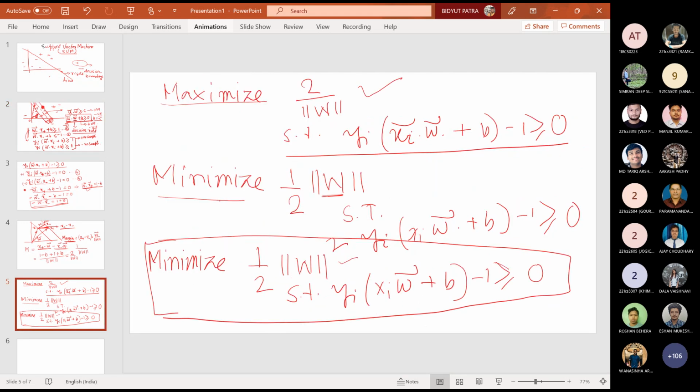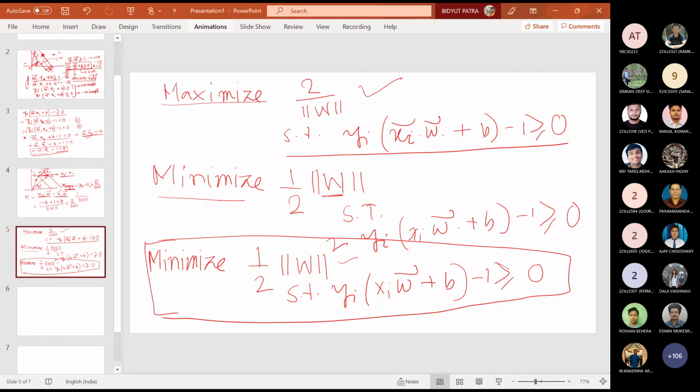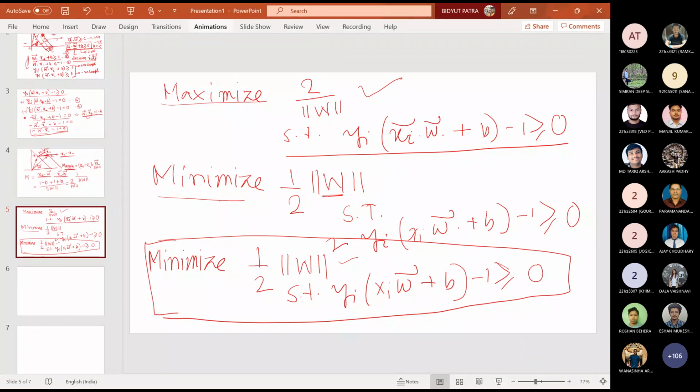In the process we learned that we have to minimize this function subject to the constraint for yi xi, applicable to all samples in the dataset. To solve this minimization, we have to use some numerical technique. Therefore we have something called the Lagrangian technique, so now we'll follow that.